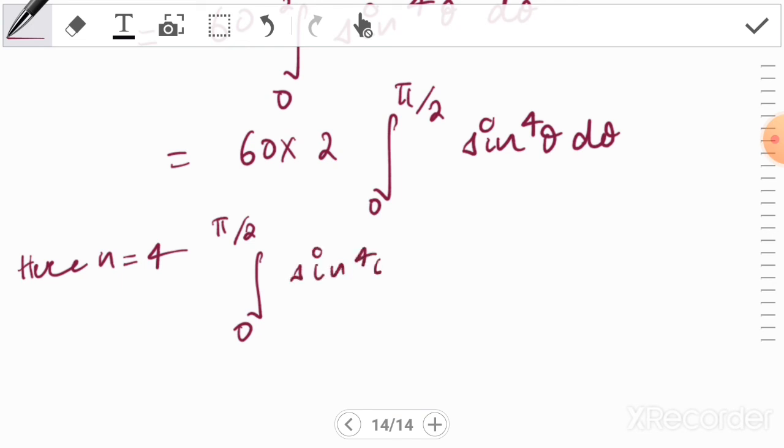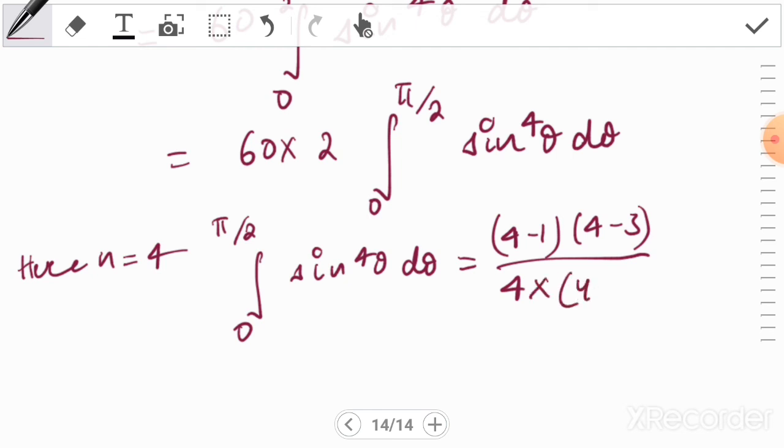sine 4 theta d theta will be equal to n minus 1, that is 4 minus 1, into 4 minus 3. And in the denominator it is 4 into 4 minus 2, 4 minus 4, which is 0, so avoid that.